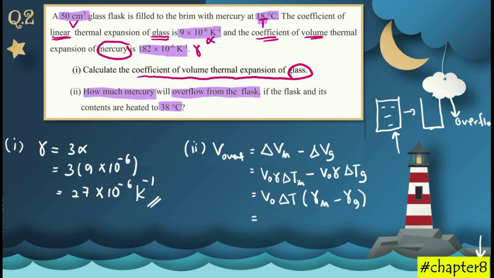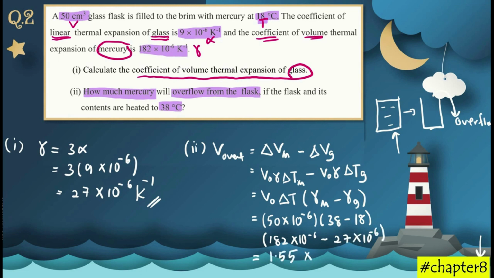The value of volume is given as 50 cm cube, so it is 50 times 10 to minus 6. Temperature is T final minus T initial, times gamma for mercury, 182 times 10 to minus 6, minus 27 times 10 to minus 6. We finally get the volume overflow is equal to 1.55 times 10 to minus 7 meter cube.